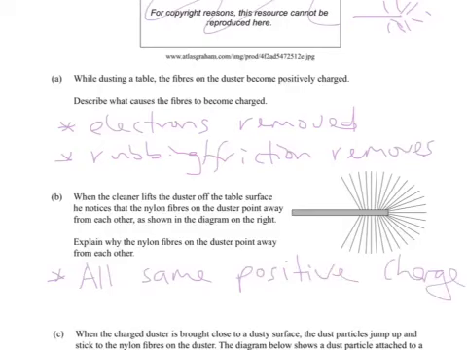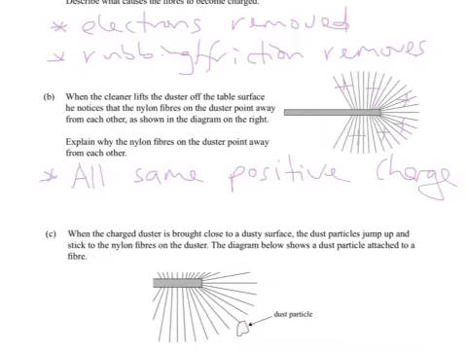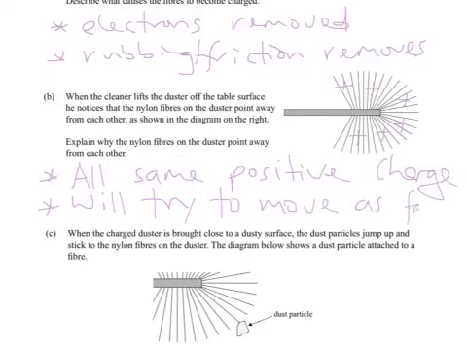If they're all the same positive charge, you need to state the effect that they will try to move as far away as they can, so that to get a maximum even spread away from each other. And then the third point would be that this results in this even spread.